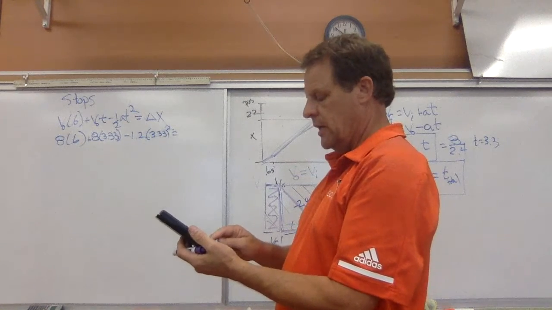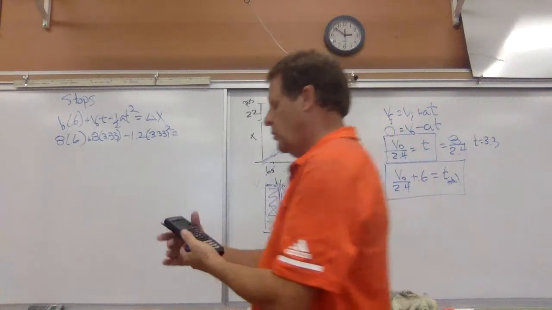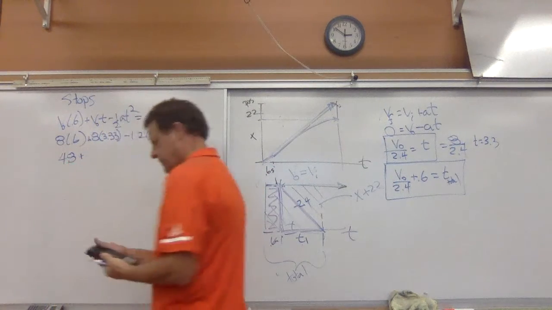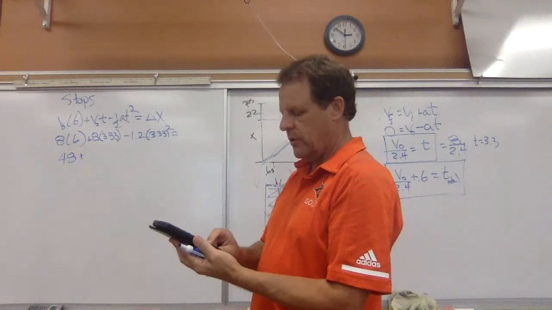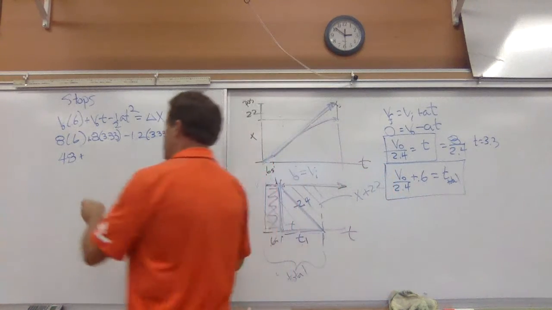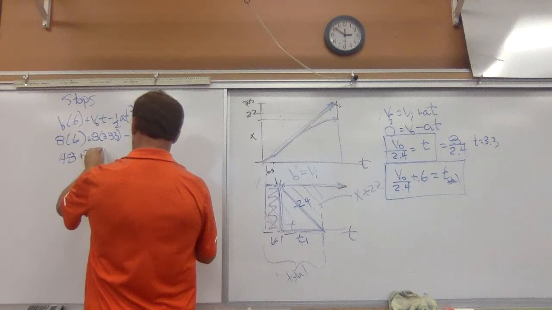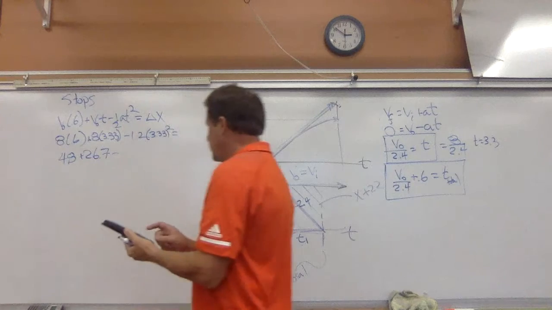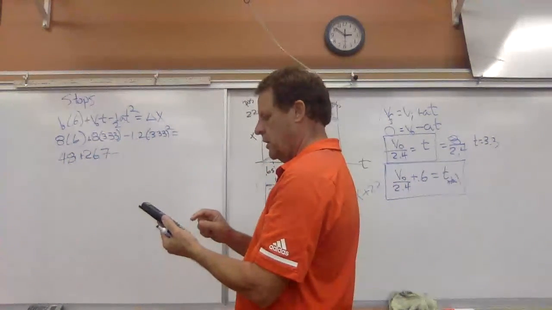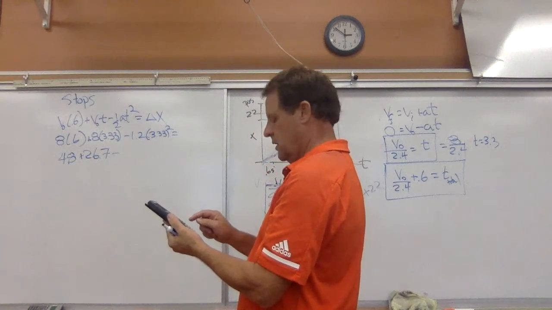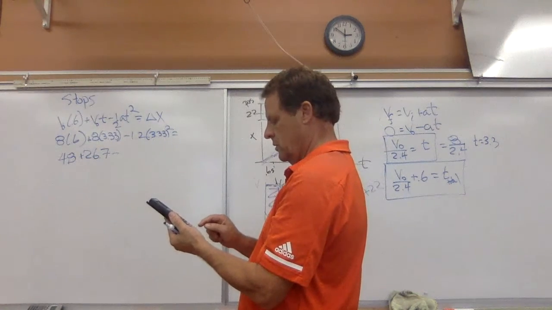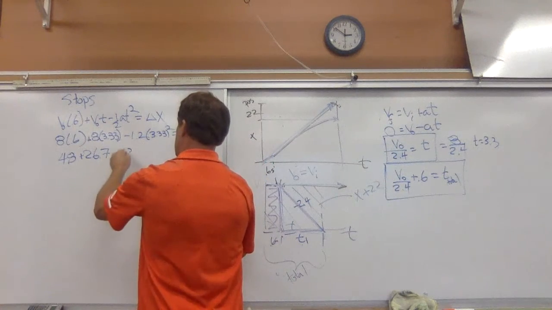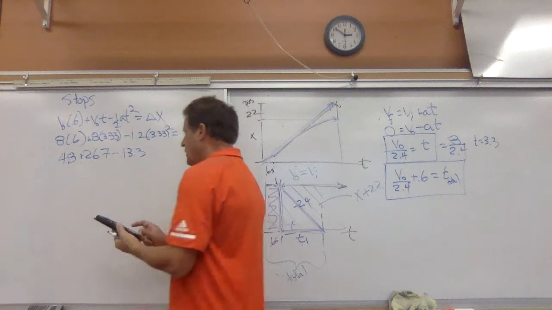And that is going to be 8 times 0.6, which is 4.8. 8 times 3.333 is going to be 26.7. And then 3.33 squared times 1.2 is equal to 13.3, and that's minus.